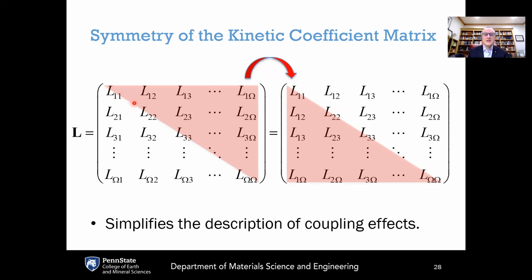What this means is that this kinetic coefficient matrix is symmetric, where L21 is equal to L12, L31 is equal to L13, and so on. And so this assumption of Onsager reciprocity makes our kinetic coefficient matrix symmetric. It also dramatically reduces the number of free parameters that we have and simplifies the description of coupling effects for irreversible processes.